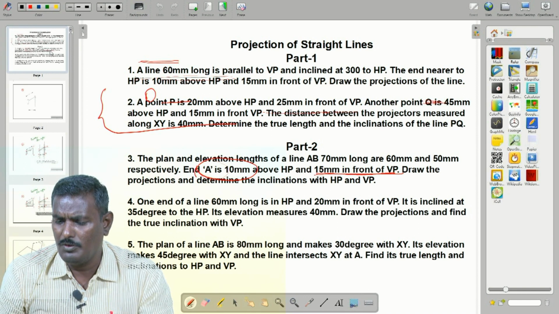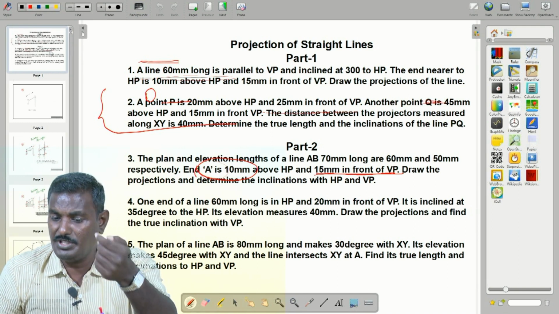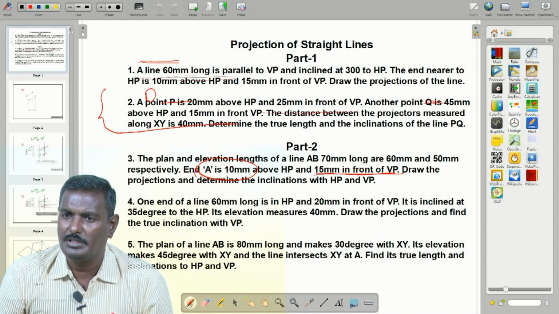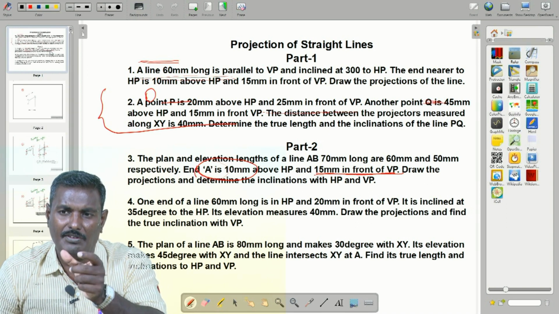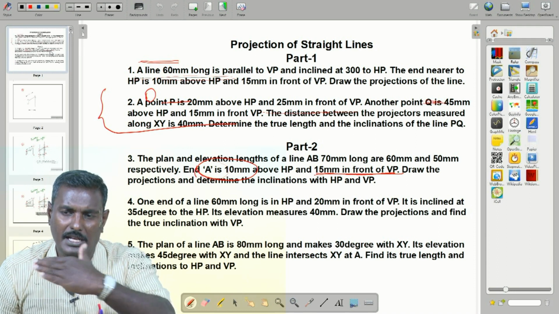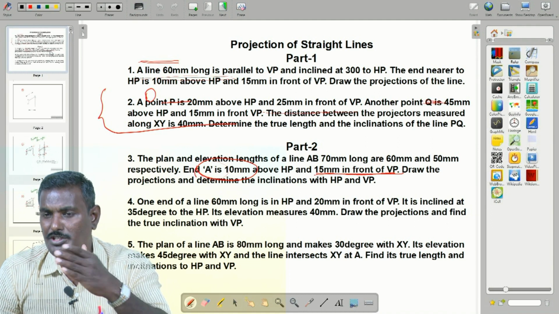That 50 mm that we get above comes below. From where do you get the true length? The true length is observed where the line is inclined to HP.